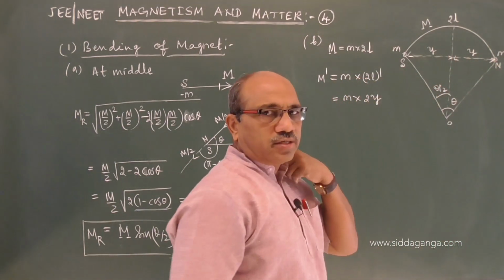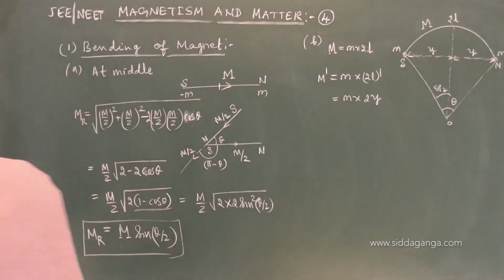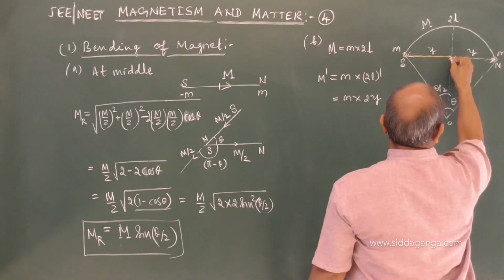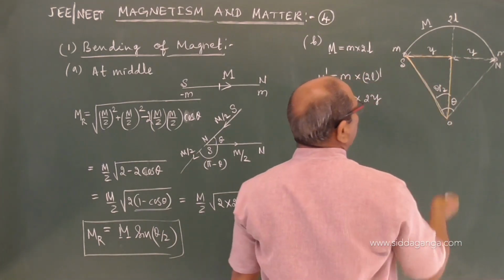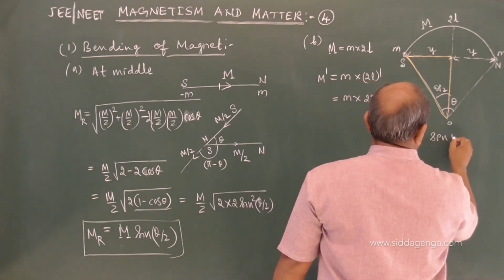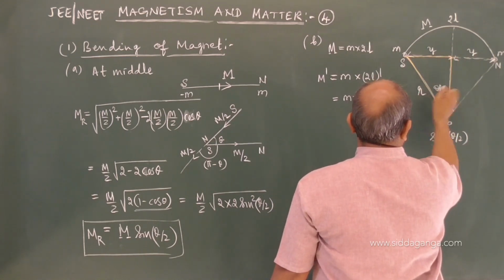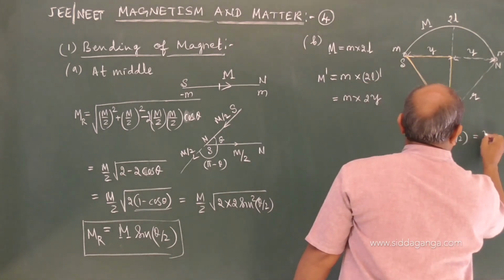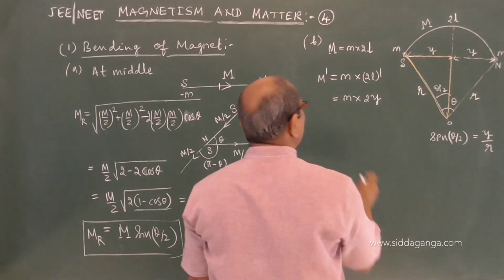I have to estimate this. So in this triangle, if you take theta by 2, sine theta by 2 is y by r, if I call r the radius of the arc, that is opposite side by hypotenuse.